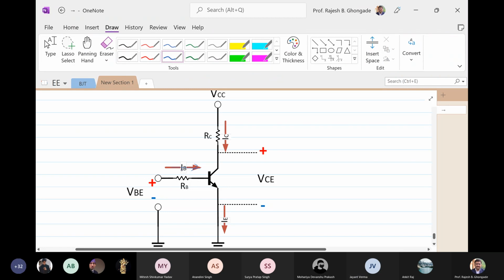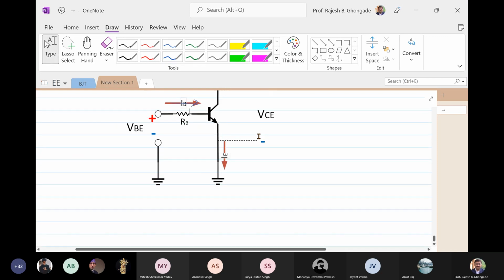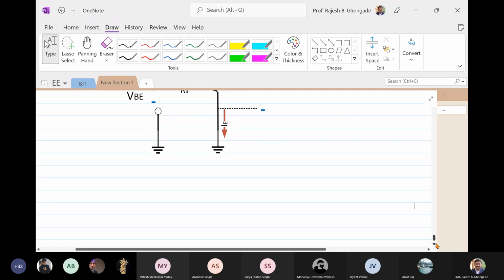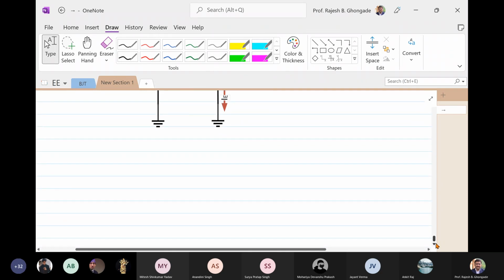Current will be set up as base current IB, and correspondingly VCE is my output and the collector current is the output current. Okay, let us quickly see the current relationships now, just like what we have done for common base.